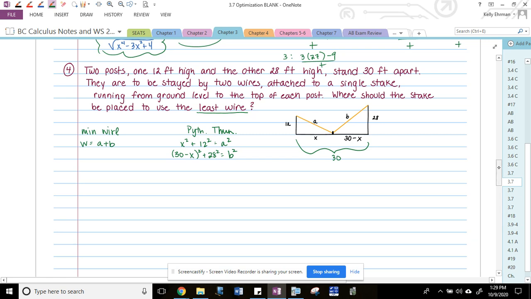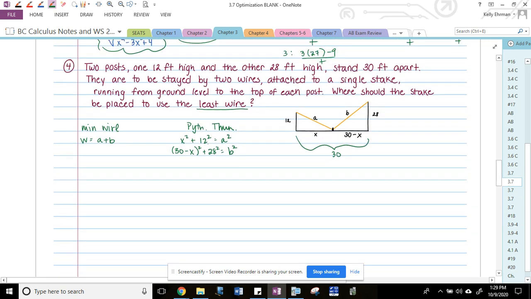Actually, okay, yeah, we can say this. I can solve for both A and B just as easily by square rooting, right? And I know that it's not a plus or minus square root because A and B are distances. So A is greater than 0 and so is B.